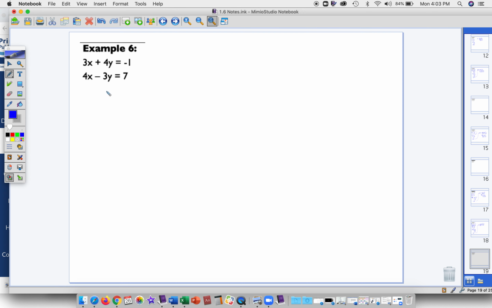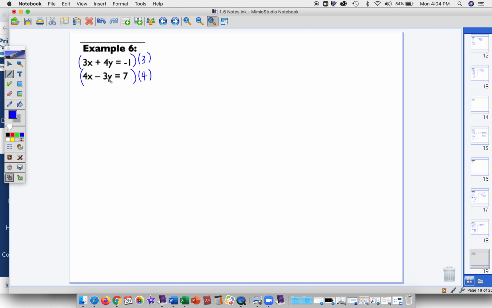It's unfortunate. This is probably the most work of any of the problems, but we're going to multiply. Here I have the opposites, at least for the y's. So I'm going to focus on eliminating the y variable. I'm going to multiply the first equation by 3 and the second equation by 4.